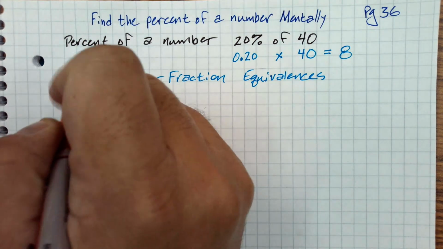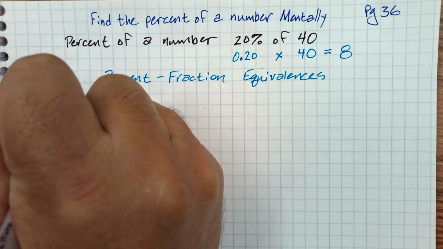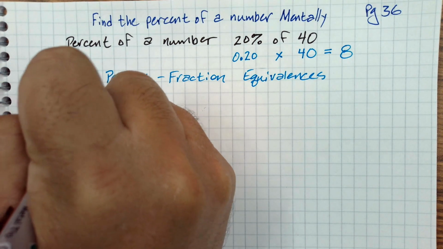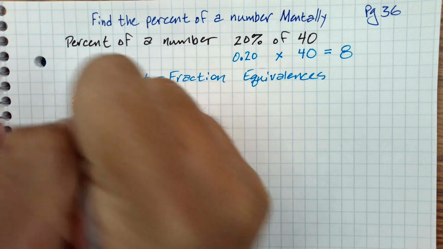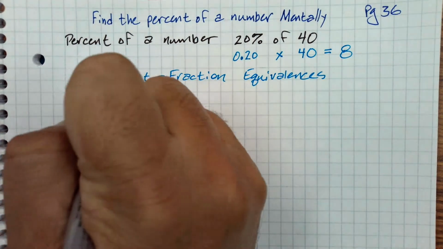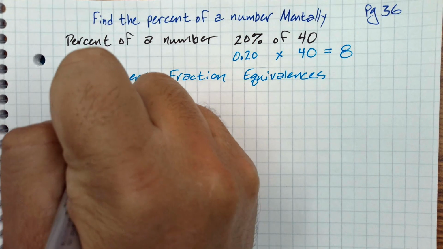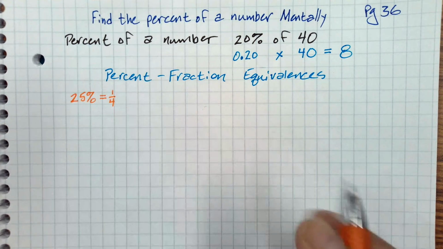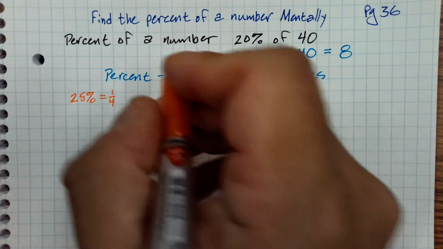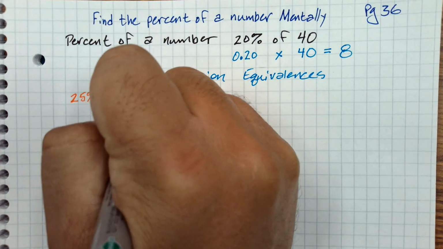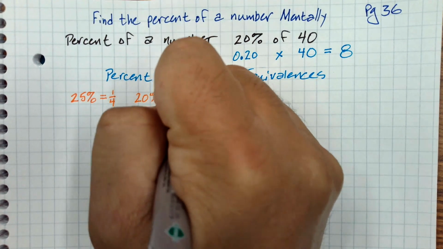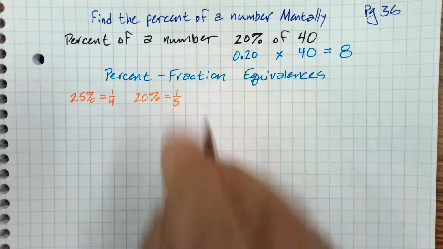Okay, so a popular one that we work with is 25%. 25% is, as a fraction, 1/4, or divide by 4. Okay? 20%, 1/5. Okay?